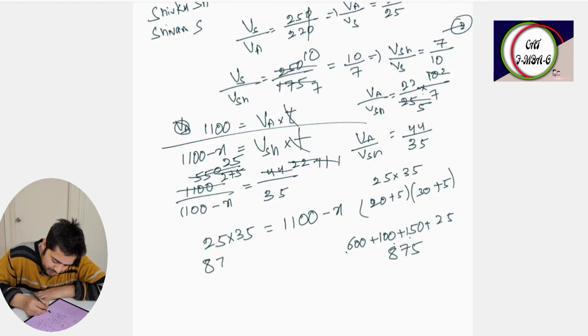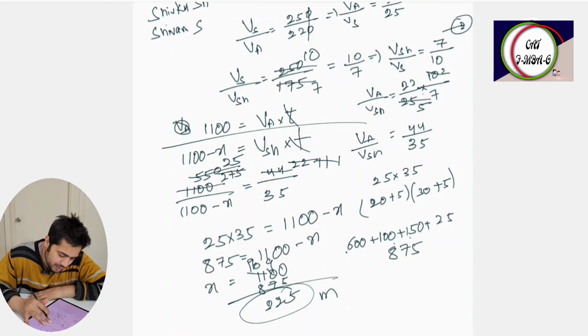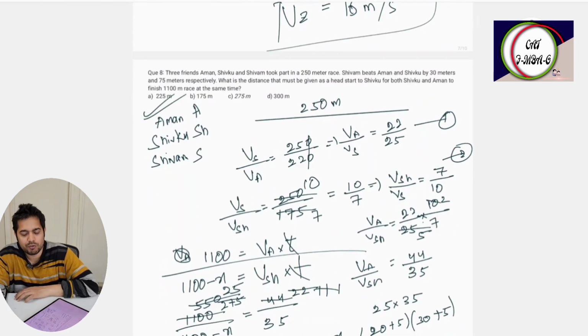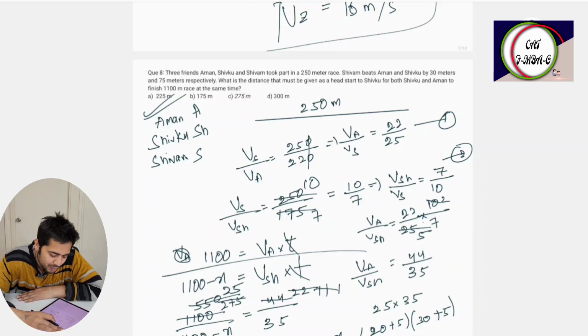So 875 is equal to 1100 minus x. So x is equal to 1100 minus 875, which is 225. So 225 meters is the right answer: the head start given by Aman to Shivku if they want to complete the race at the same time, and the race is of 1100 meters.